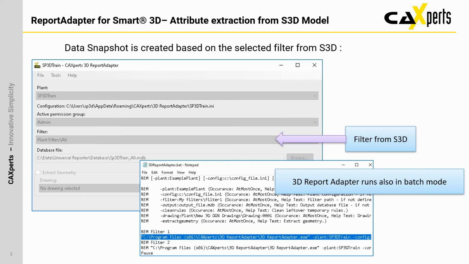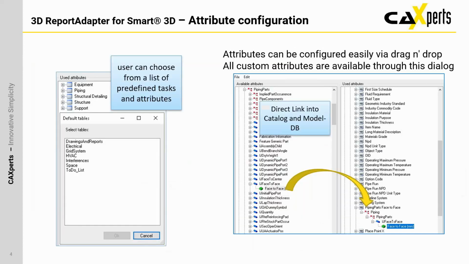So both the data extractions and the report generation can be fully automated. You come in the morning into the office and everything is ready, and the users can make use of their reports.